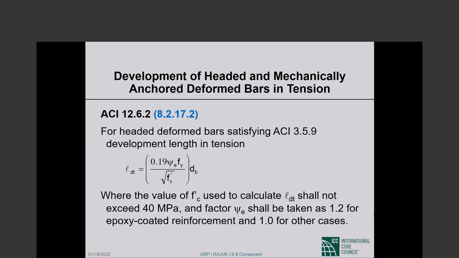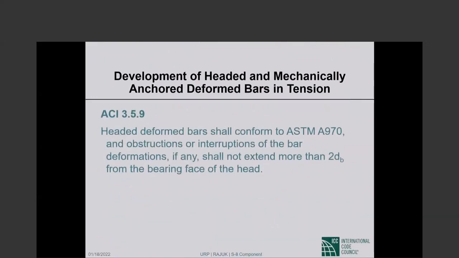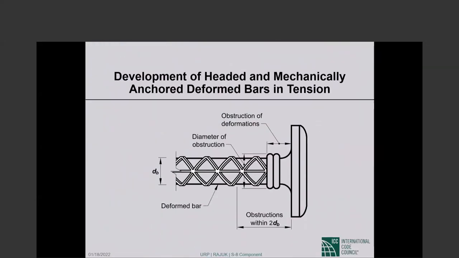Okay, so the expression is not complicated, not very unlike the other expressions, but there are conditions for using headed bars, and then this additional restriction: in calculating L sub dt, f sub c prime shall not exceed 40 MPa. Obviously, as the concrete strength goes up, the required development length goes down.